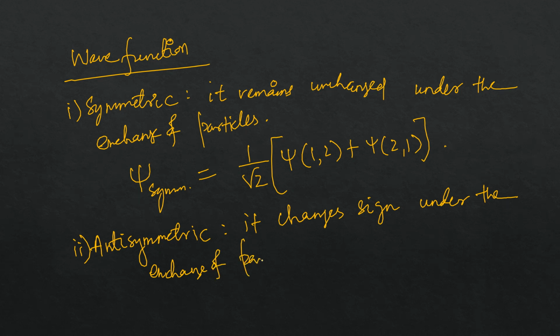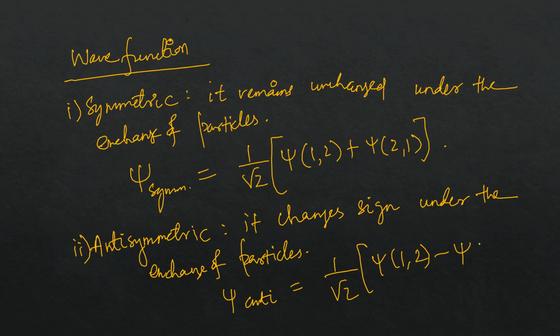So psi antisymmetric is 1 by root 2 times psi 1 2 minus psi 2 1.